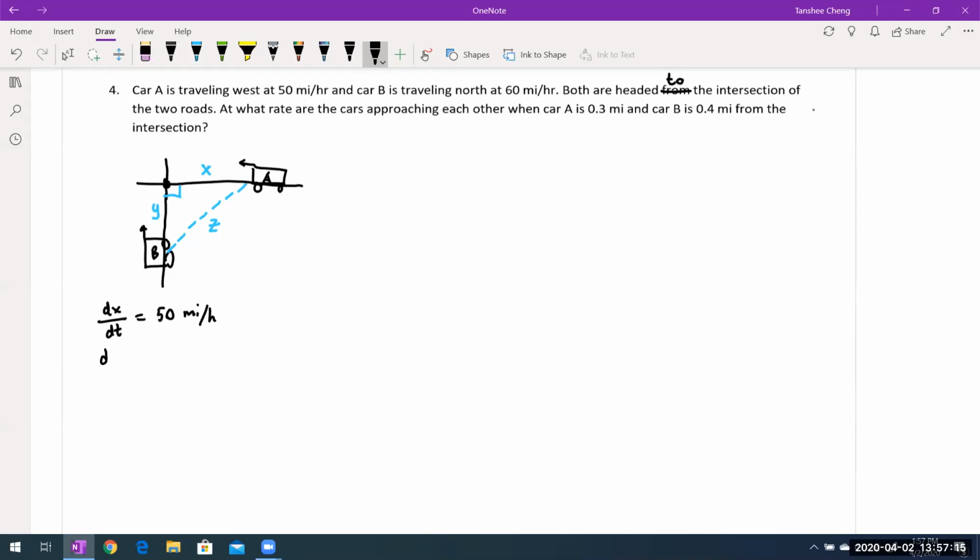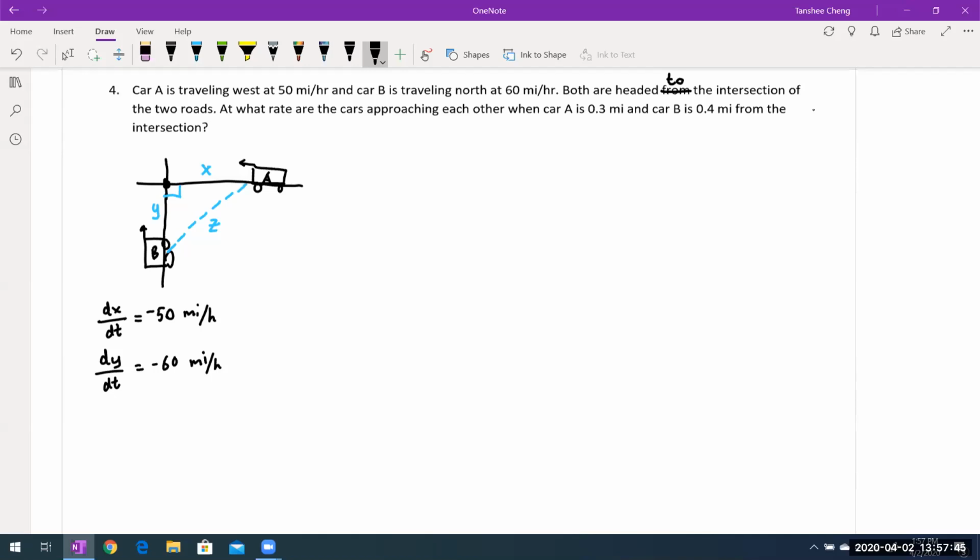And I should emphasize, because they are going toward the intersection, it is negative. And also dy/dt, when they are moving toward the intersection, the distance is getting smaller and smaller, so it's going to be negative 60 miles per hour.